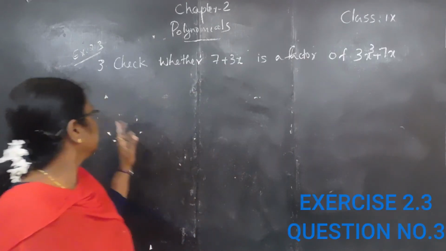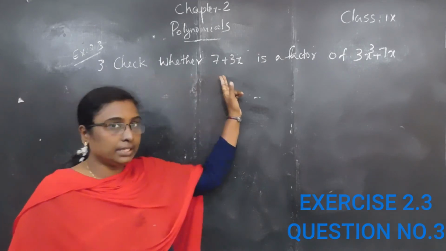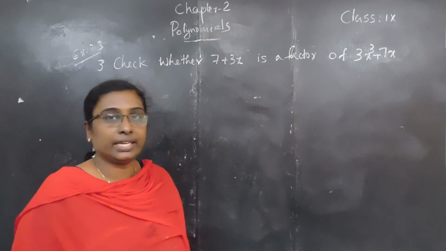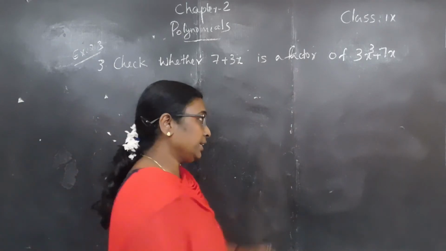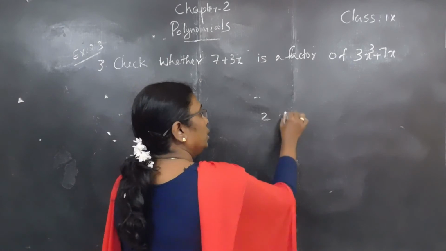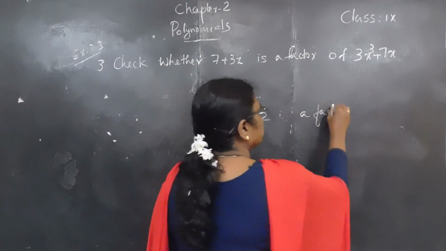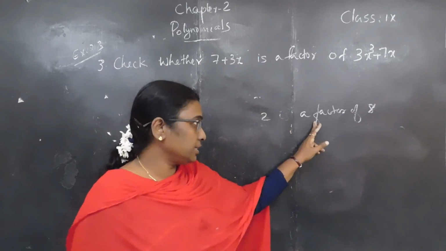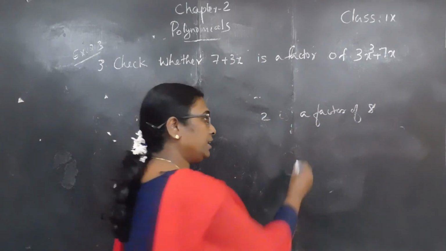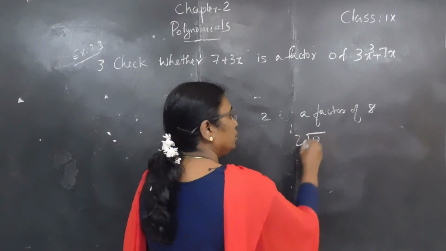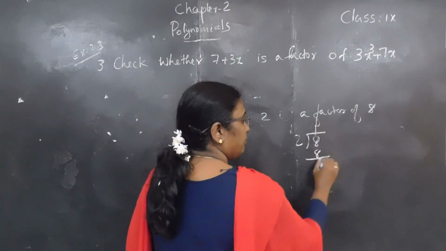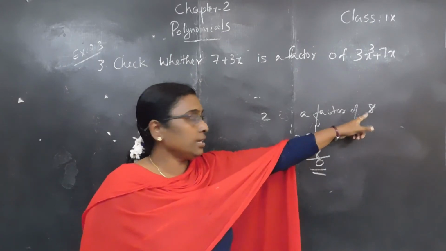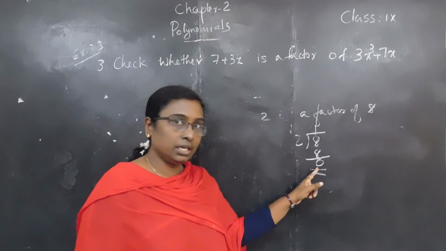The next question, the third question: check whether 7 plus 3x is a factor of 3x cube plus 7x. You know, when we say that 2 is a factor of 8, on dividing 8 by 2, the remainder is 0.